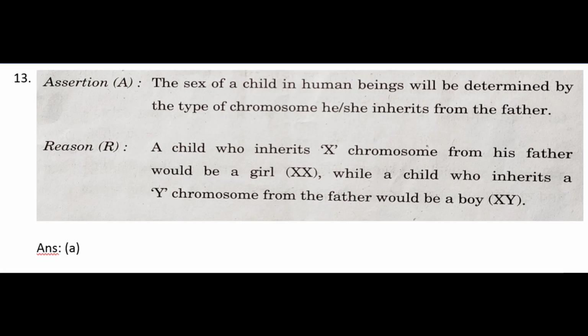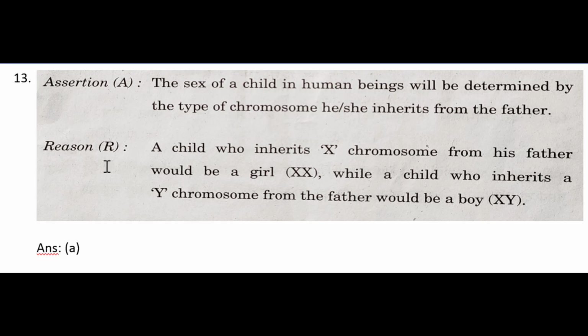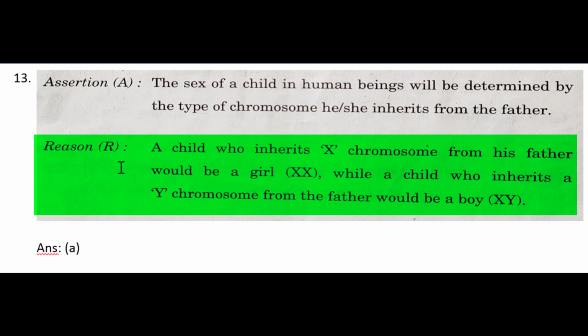Now the question is: assertion A, the sex of a child in human beings is determined by the type of chromosome he or she inherits from the father. That is true. Now the reason is given as: a child who inherits an X chromosome from his father would be a girl child, that is XX, while a child who inherits a Y chromosome from the father would be a boy, that means XY.